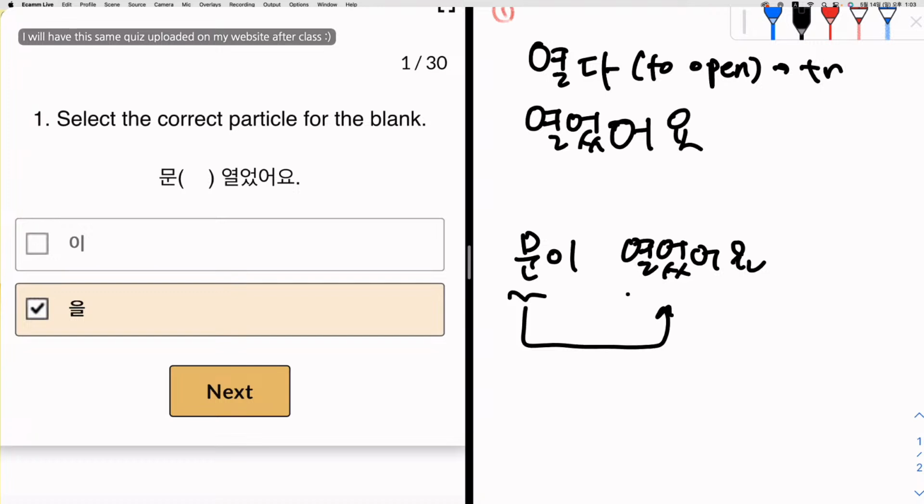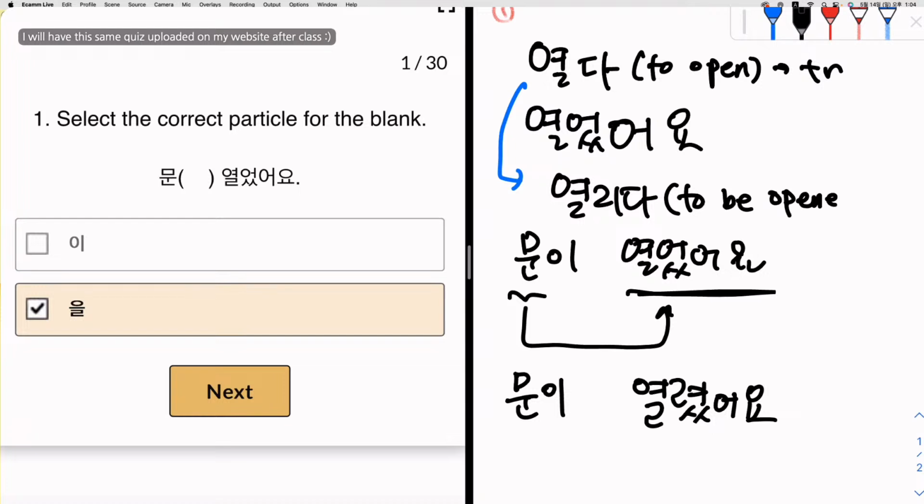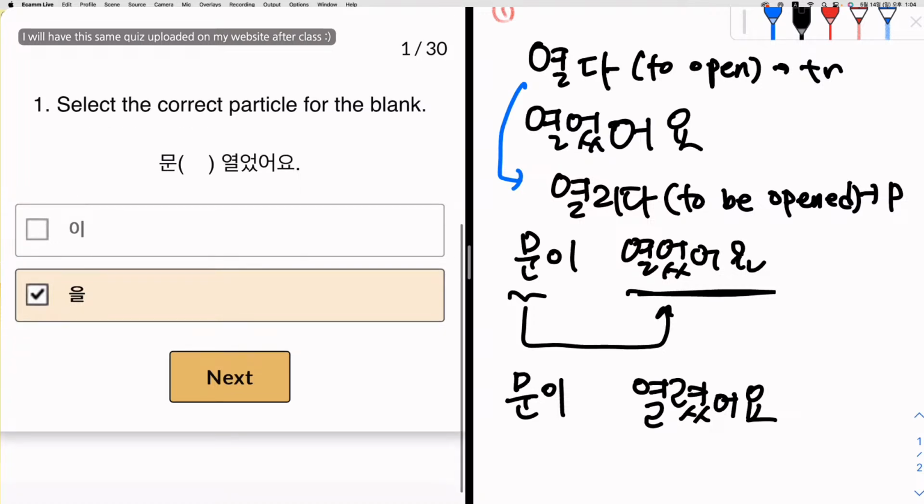It cannot do the action of opening. It can only be opened. So if you want to say the door is opened, you can say 문이 열렸어요, right? 열렸어요, by using 열다's passive form, which is 열리다, and this means to be open. So for number 1, the answer is 을.